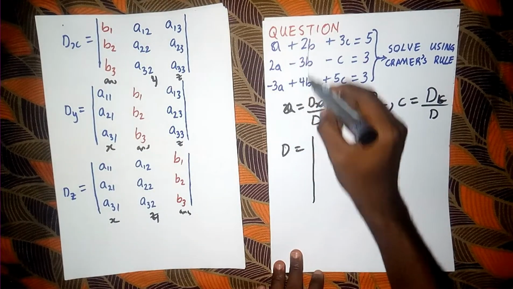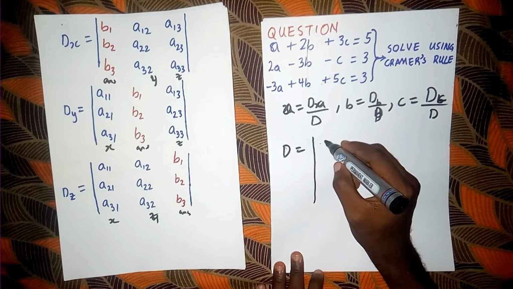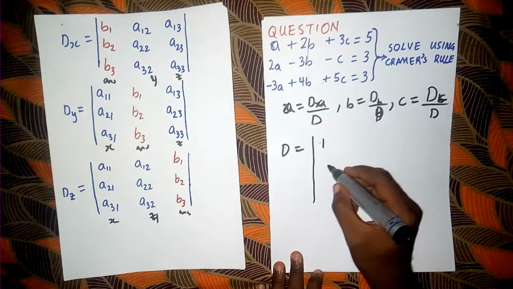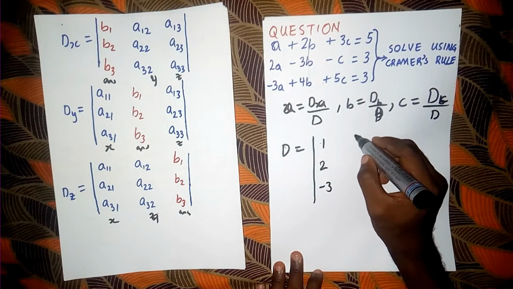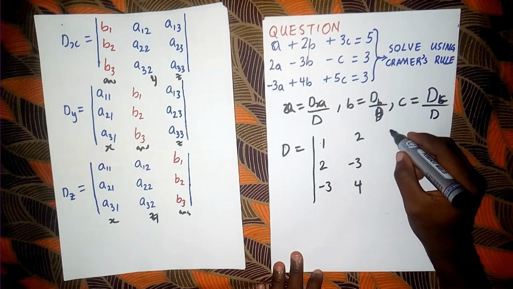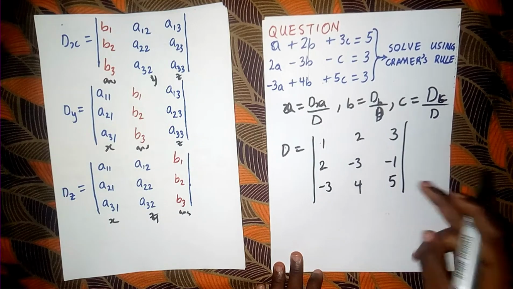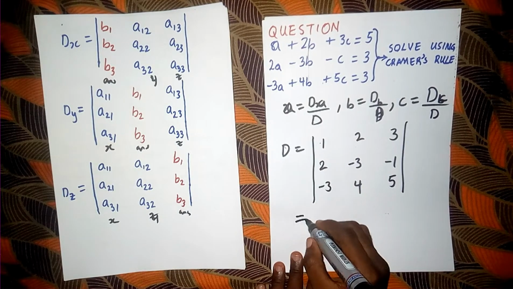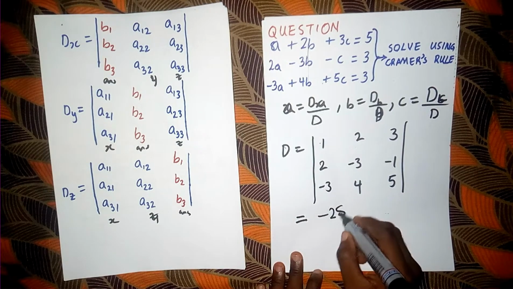That will be the constants: 1, 2, minus 3, then 2, minus 3, 4, and then 3, minus 1, 5. If you find the determinant of this, you are going to get minus 28.